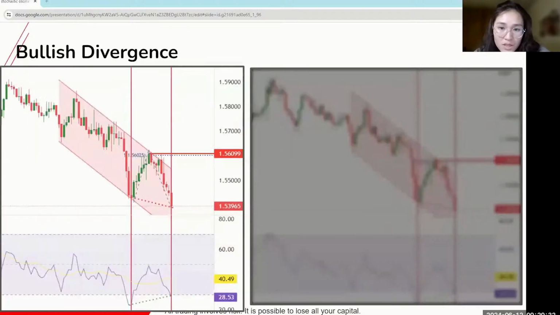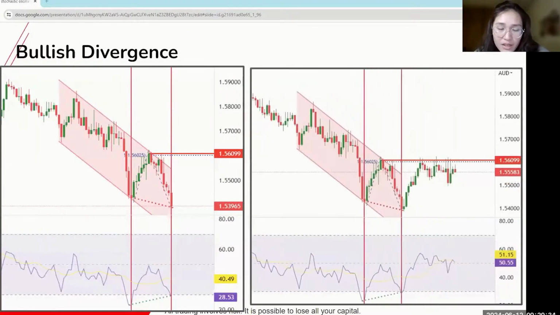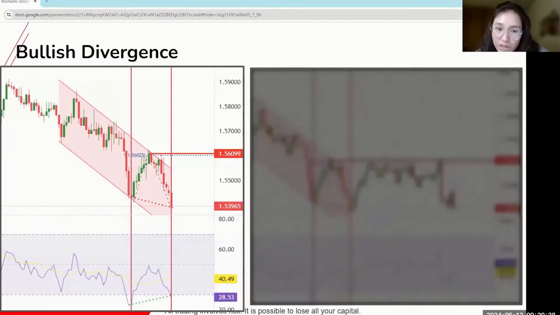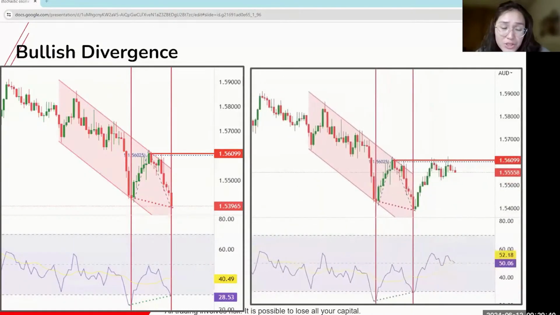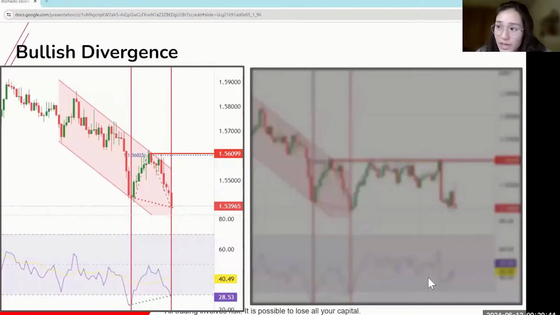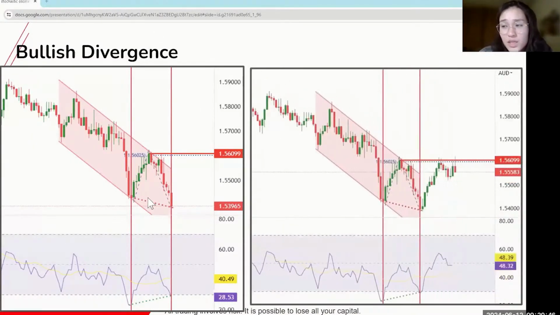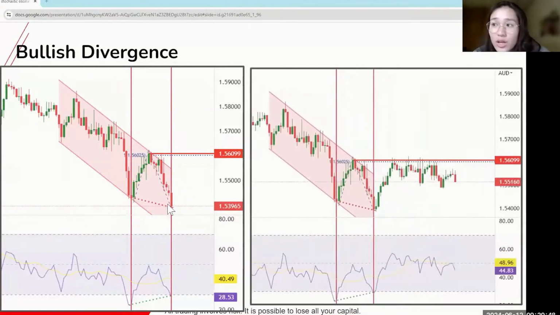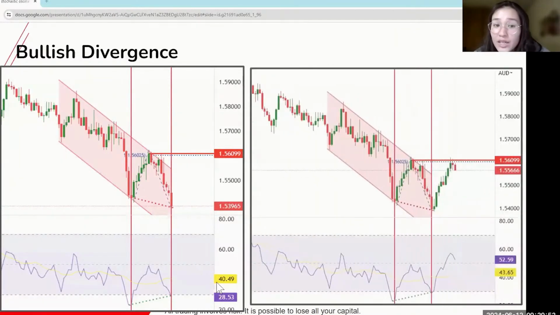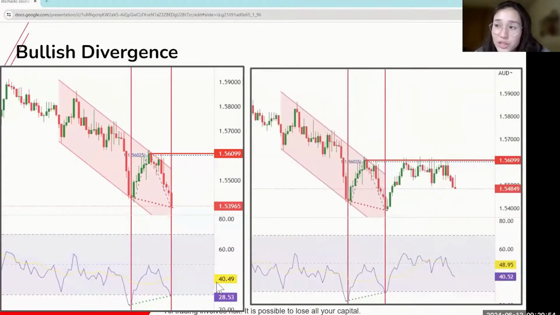Okay, here is a GIF for you to visualize what we're talking about by bullish divergence. So in this bullish divergence, we are using RSI as our indicator. You can see price making a lower low, and our RSI making a higher low, which is a bullish divergence.